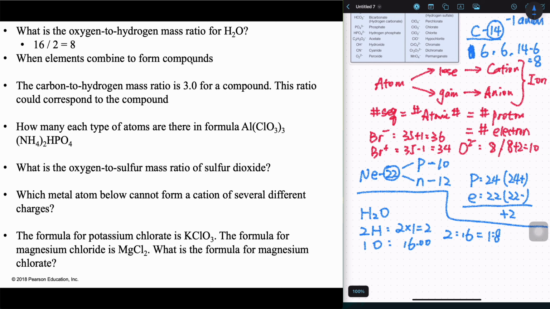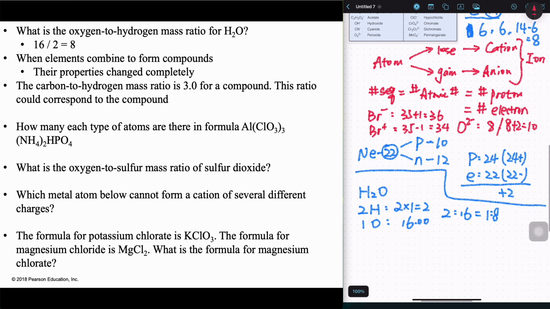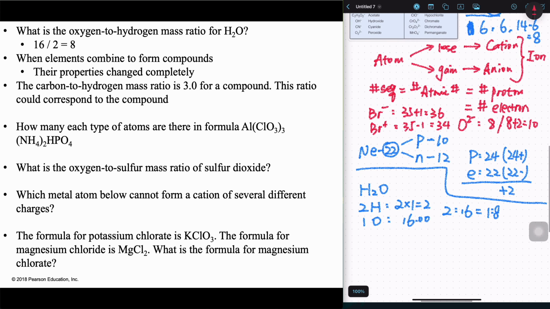Next question. When elements combine to form a compound, their properties change completely. Remember the example that was given during our class. Sodium, when it is in elemental state, is a very reactive element.